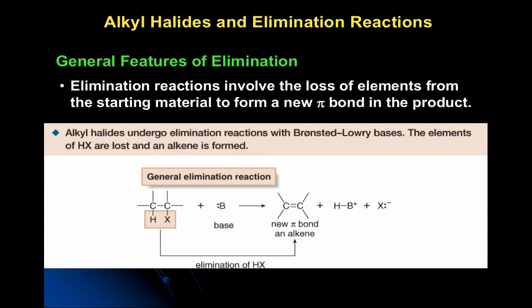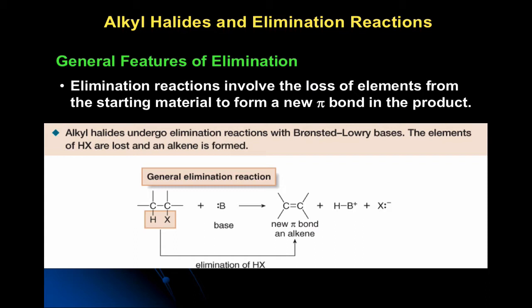So alkyl halides, as we mentioned last time, can do nucleophilic substitution reactions where the nucleophile, although it is a Lewis base, is attacking a carbon atom, right? In elimination reactions, you're going to have an alkyl halide, but the base is going to function as a base and not a nucleophile, right?